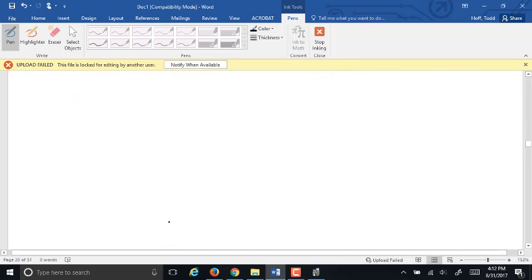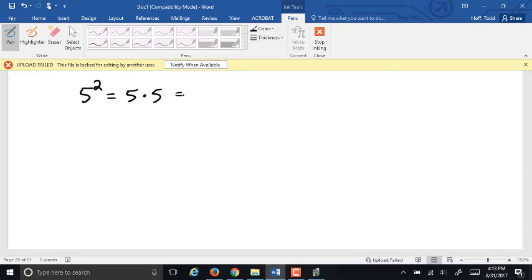So then for the next step here, I want to look at a new operation. What does 5 squared mean? How would I calculate it? 5 times 5, right? That's its definition. Just like multiplication is repeated addition, a power is repeated multiplication. 5 times 5 is 25.